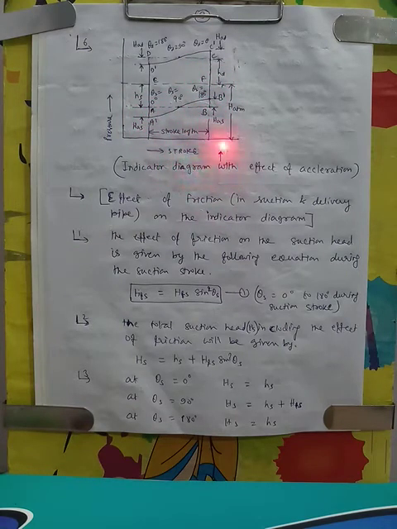Now we see the addition of the effect of friction on the ideal indicator diagram. Then next we will see if we add both the effects simultaneously, effect of acceleration and effect of friction, to the ideal indicator diagram, what will the indicator diagram be then? But first we see separately.